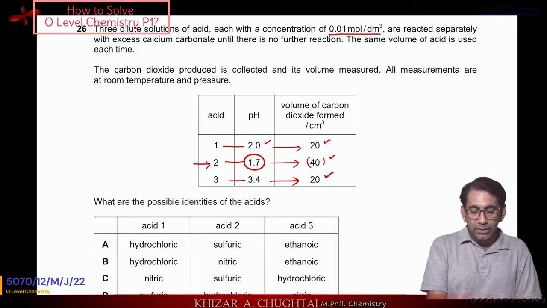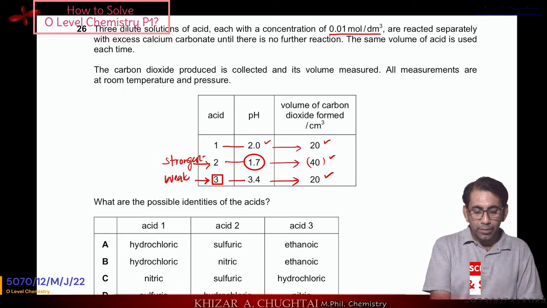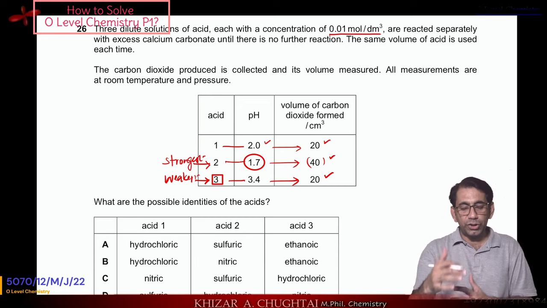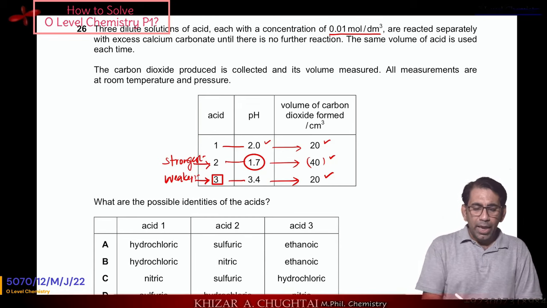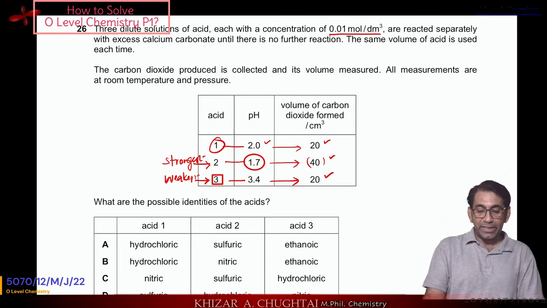So this acid must be the strongest acid, and acid 3 should be the weakest acid in this contest. Acid 1 is the mediocre strength acid.